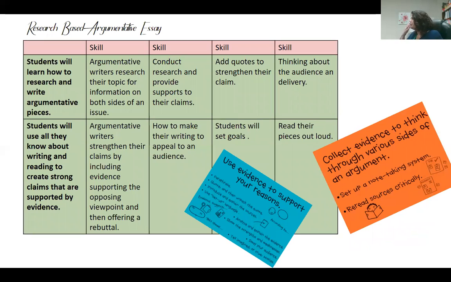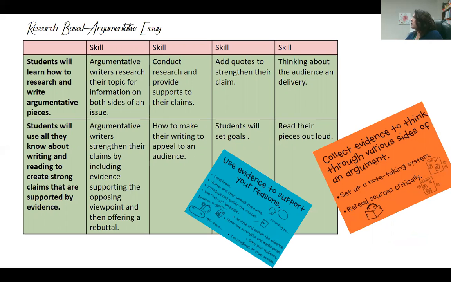All right, so in the research-based argument essay, students will learn how to research and write argumentative pieces. Students will use all they know about writing and reading to create strong claims that are supported by evidence. So this is very similar to some other writing that they have done, but this time it is done in a little bit different way.